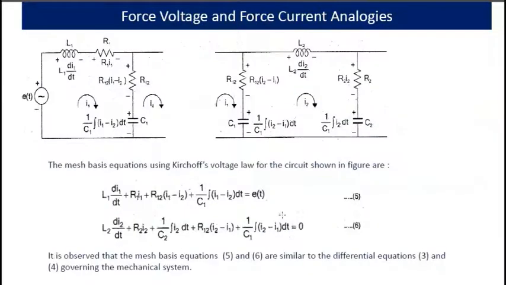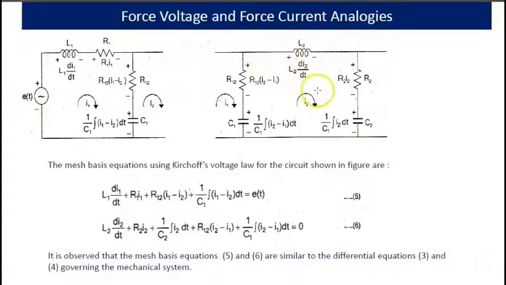We can write the equations for two meshes. That is L1 di1 by dt plus R1 I1 plus R12 (I1 minus I2) plus 1 by C1 integral (I1 minus I2) dt is equal to the applied voltage e(t), by using Kirchhoff's voltage law.